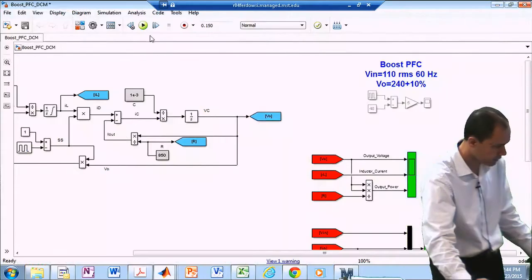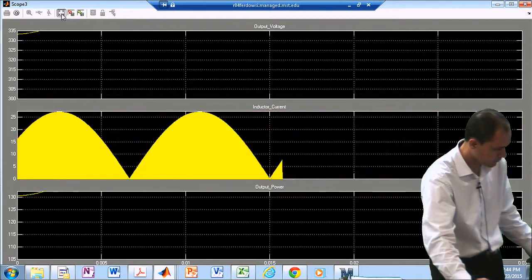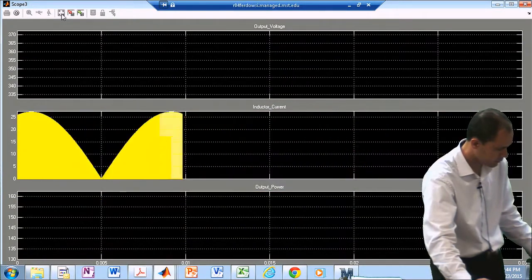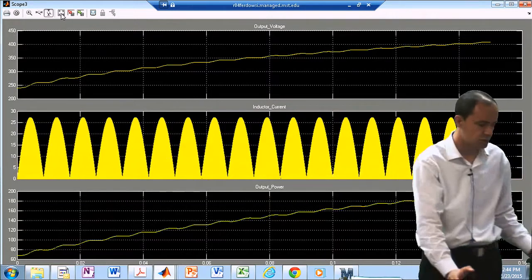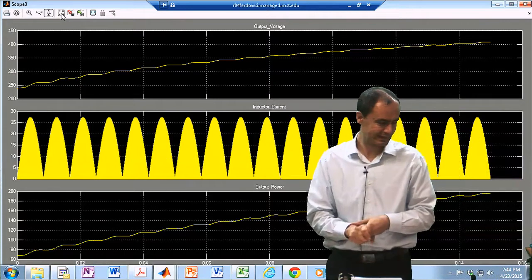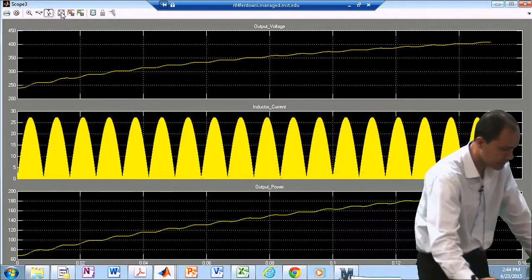Now it's probably going to be much larger. It is still growing. First of all, I increased the load so I don't have to worry about going further into CCM, because it's the opposite way. We are going further into DCM.